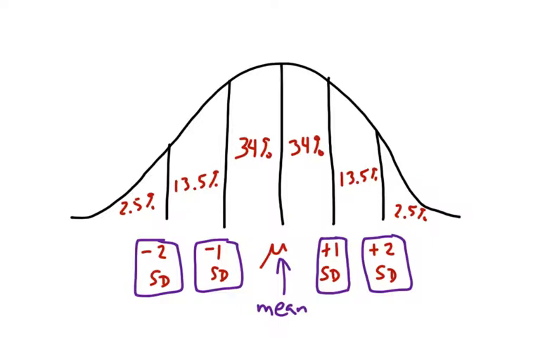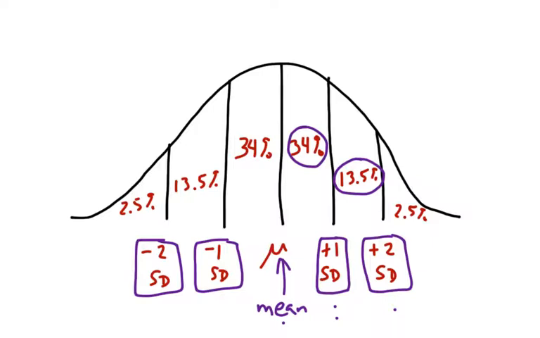For example, between the mean and 1 standard deviation above the mean, that's where 34% of the data is located. Between 1 standard deviation above and 2 standard deviations above the mean, that's where 13.5% of the data is located, and so on.